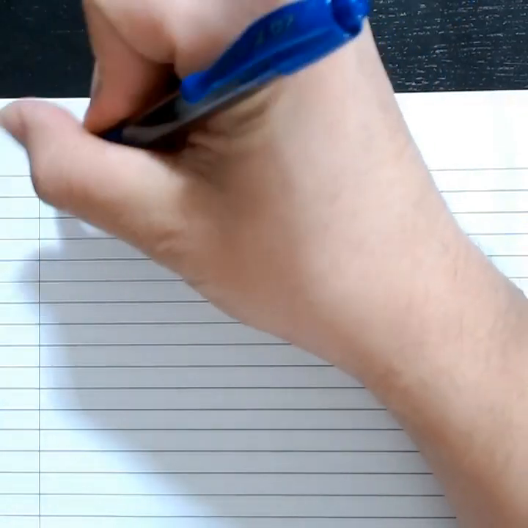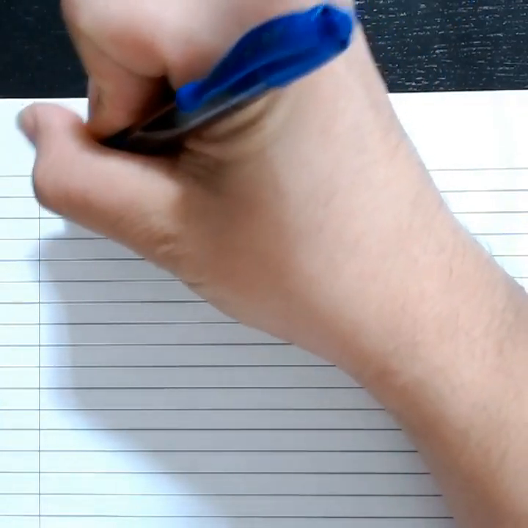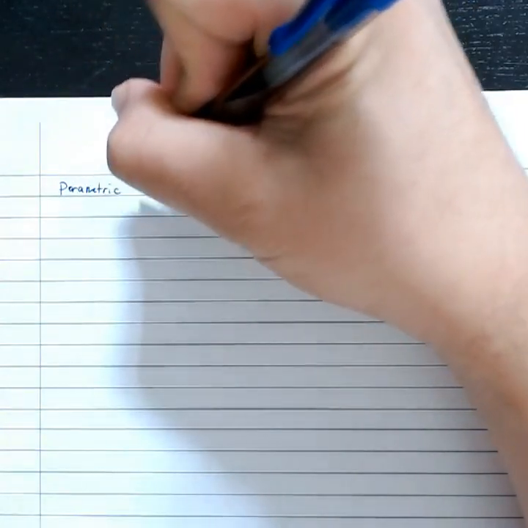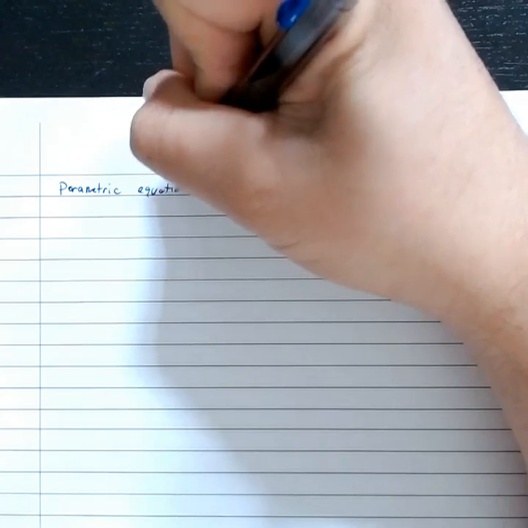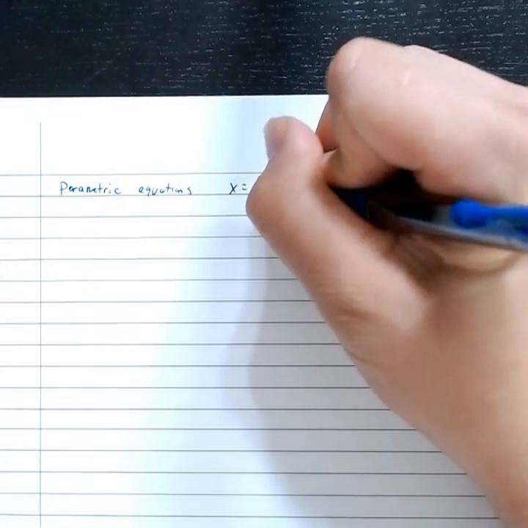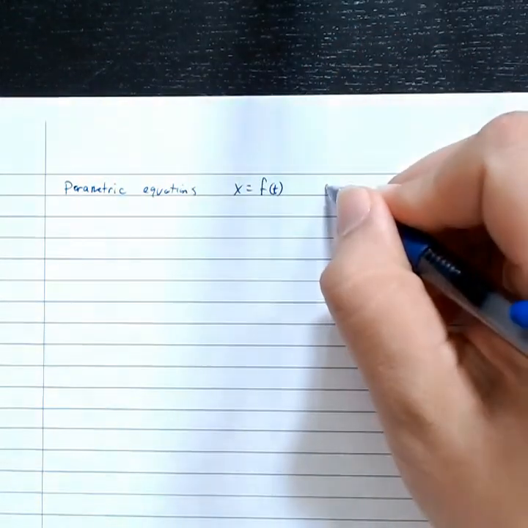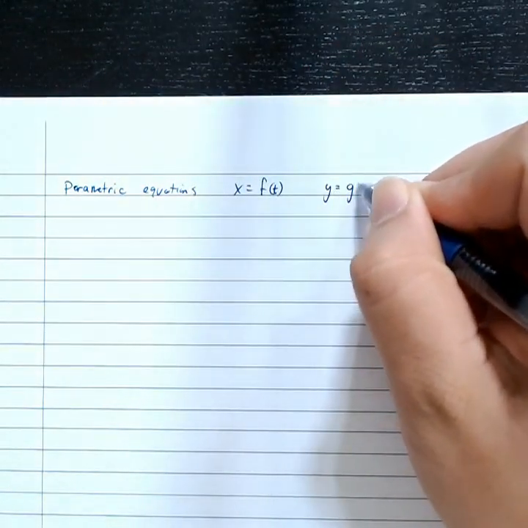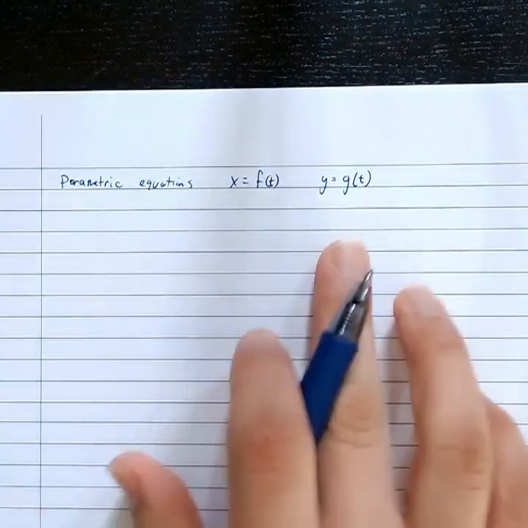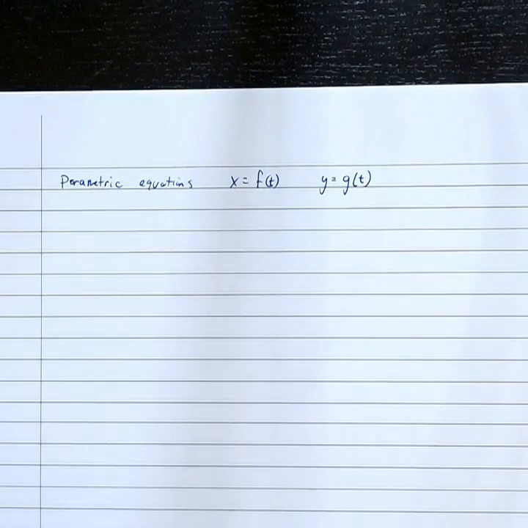Your plane curve is given by the parametric equations x equals f of t and y equals another function, let's say g of t. Now we can define a curve on a plane using these equations.